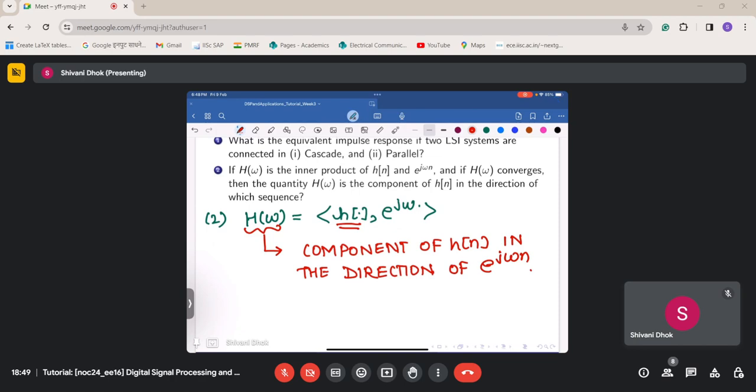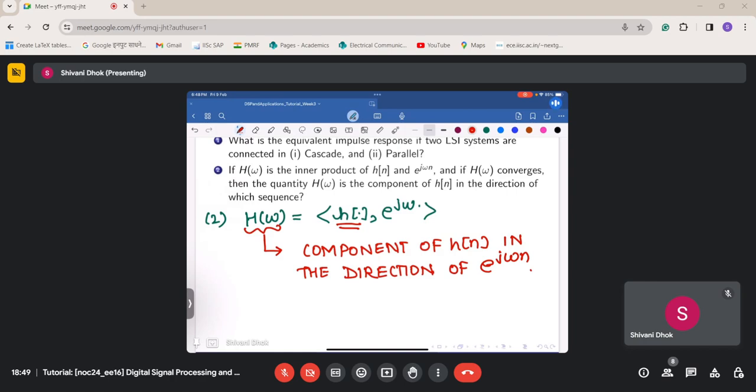Ma'am, what's the difference between product and inner product? Product is between two scalar quantities, like let's say 2 into 3. An inner product is basically multiplication of two vectors and adding.